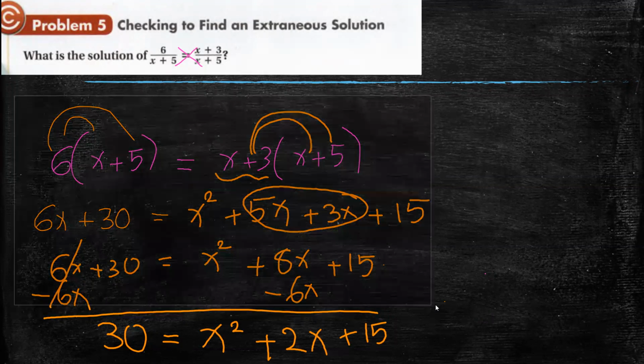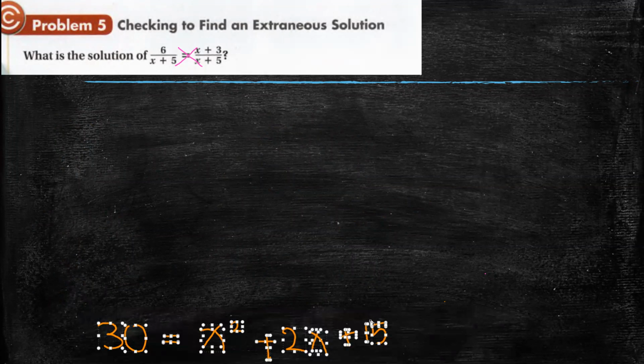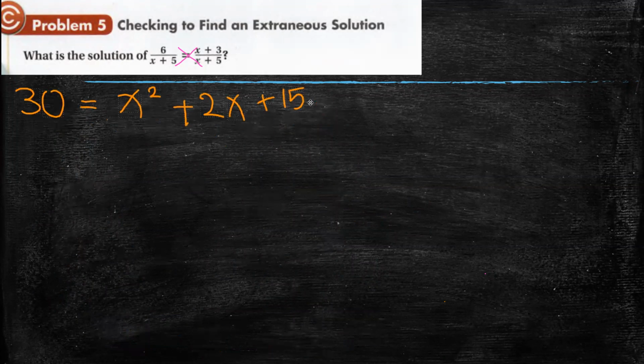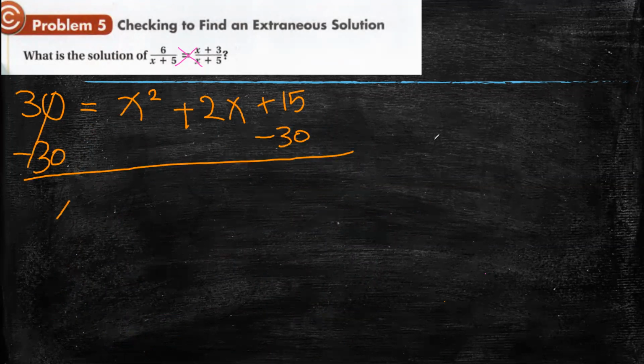Then minus 30, minus 30. So x squared plus 2x minus 15 equals 0.